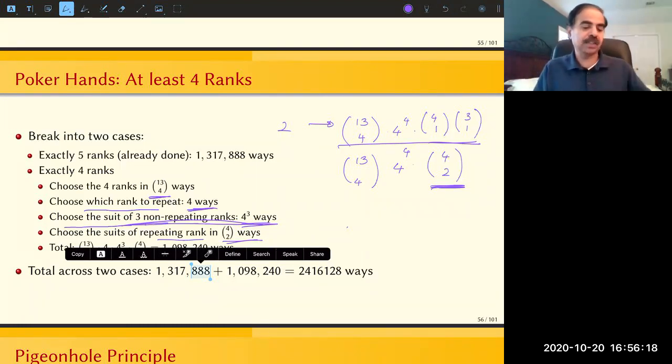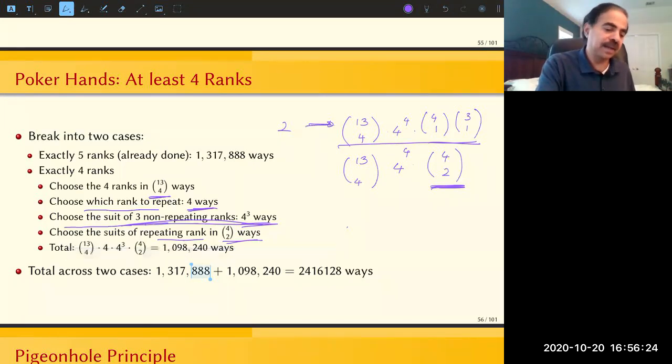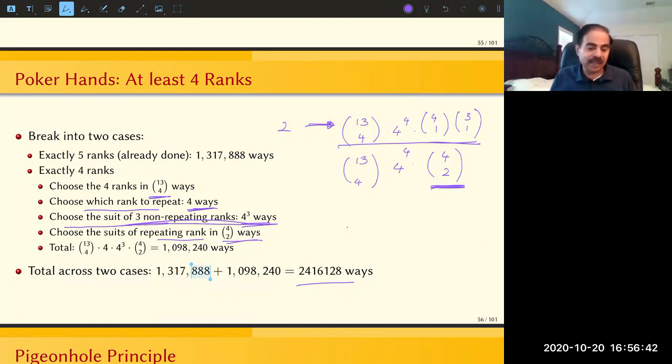Okay, and so once you do that, you get rid of that duplication, and then you get this number, which is very large, right? So what it says is that at least 4 ranks is actually a very high likelihood. So you're probably always going to have a hand which has at least 4 ranks.